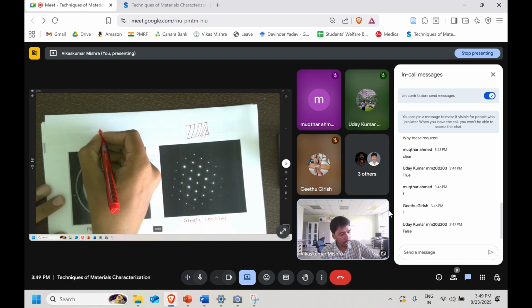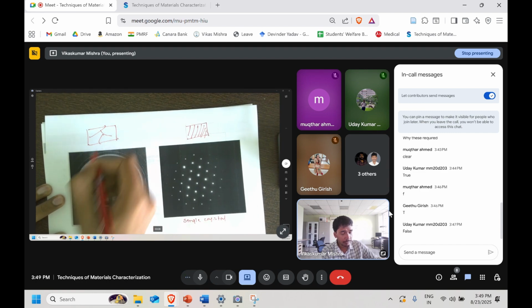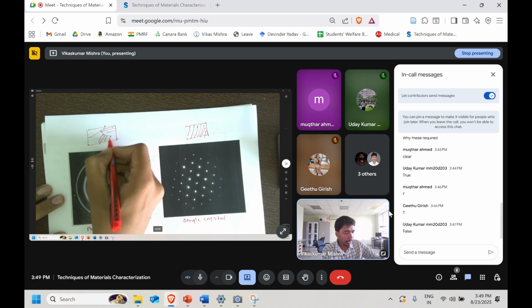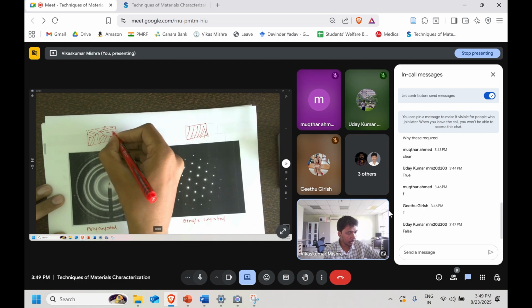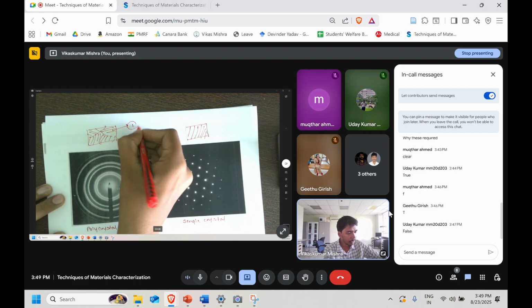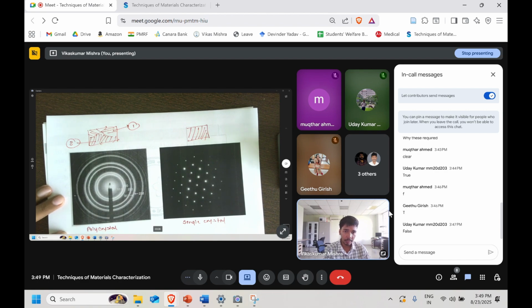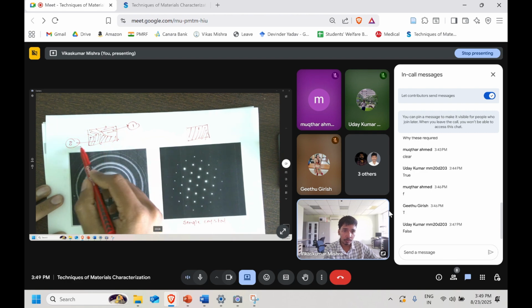While if we talk about the polycrystal, there are different grains. They are rotated with respect to each other. Let's say this grain satisfies Bragg's condition, and this grain also satisfies Bragg's condition for the particular electron beam. Both of them will give a diffraction pattern.